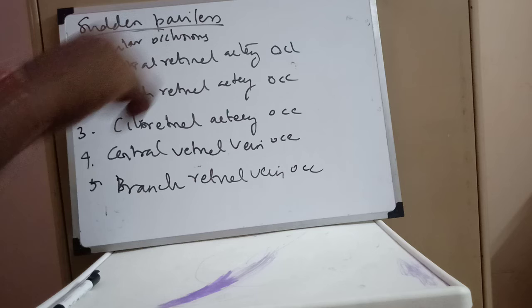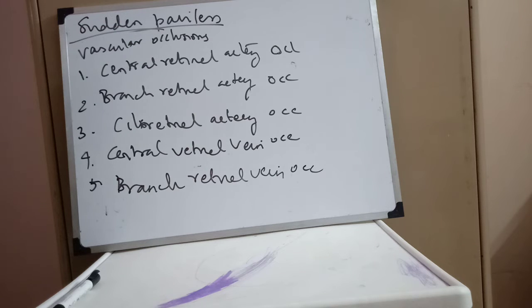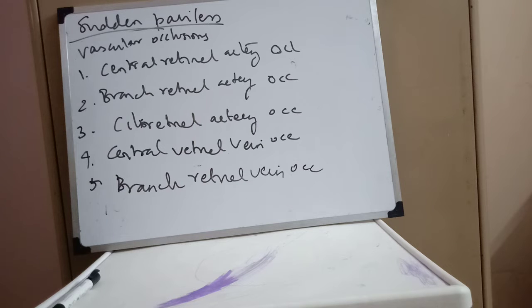In that case, there will be sparing of the macula when there is ischemia of the rest of the retina. This is a very important point to note. And other causes we discussed: optic neuritis, non-arteritic anterior ischemic optic neuropathy, then vitreous hemorrhage, then retinal detachment, then central serous retinopathy. Okay. So with this we come to an end of diminution of vision.